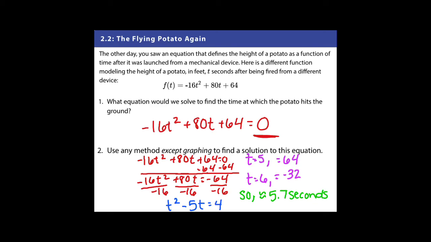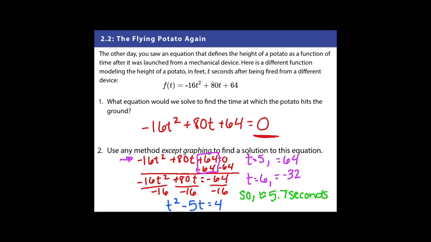And then number 2, use any method except graphing to find a solution to this equation. So we would write out our equation equal to 0, like we did right here, and then subtract 64 from each side to get rid of this constant.